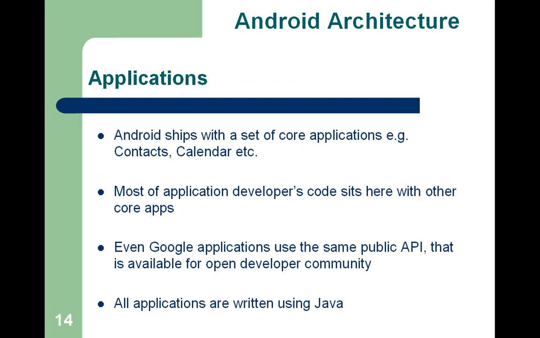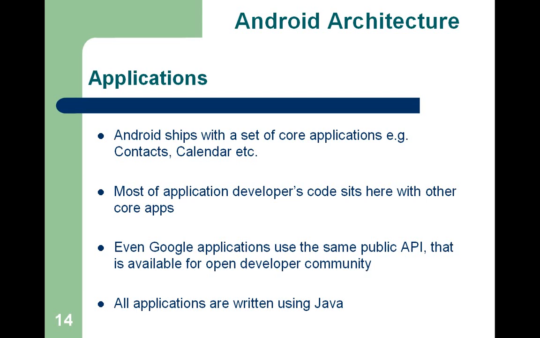Okay, so now we have reached the application layer. As we already saw, Android ships with a set of core applications, for example contacts, calendar, email, SMS, browser. We already had a look. And most of the application developers' code sits here with other core applications.